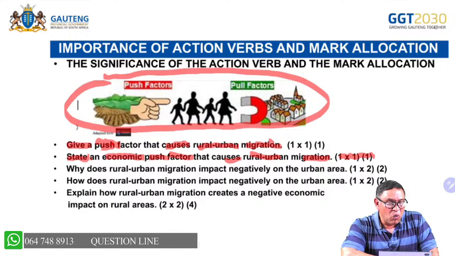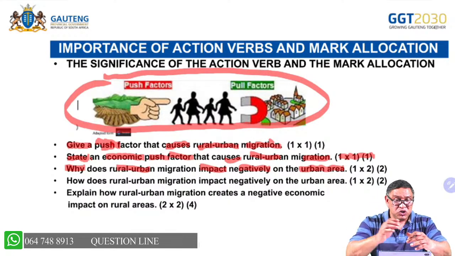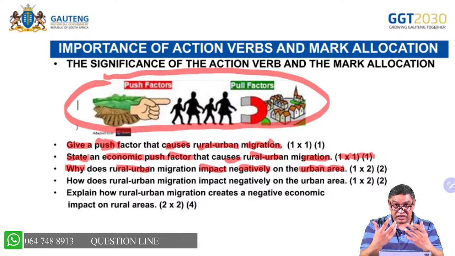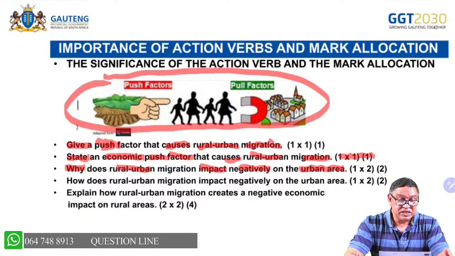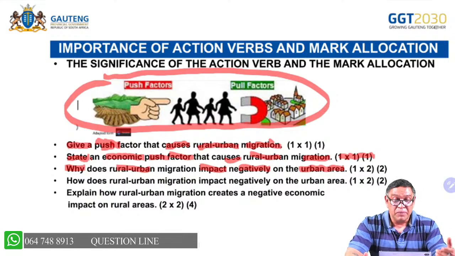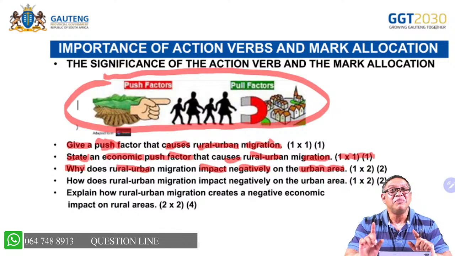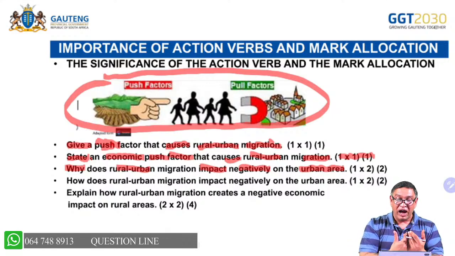Now look at the next one. It's the word why. Why does rural-urban migration impact negatively on the urban area? I'm just using rural-urban migration as the tool to illustrate to you what the action verb wants. So you bring in the why factor.